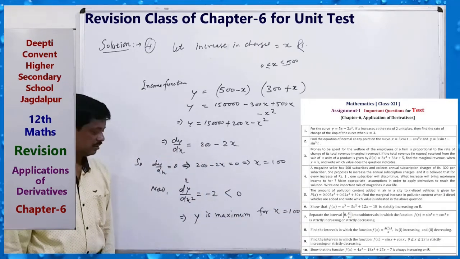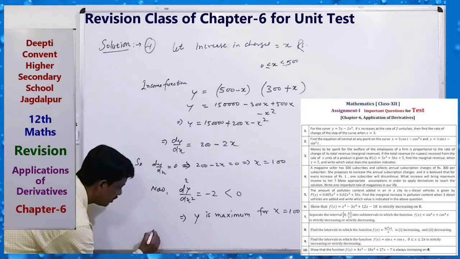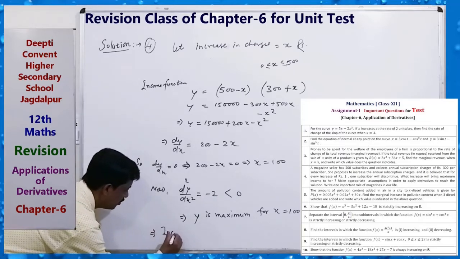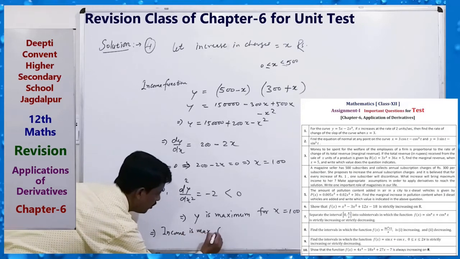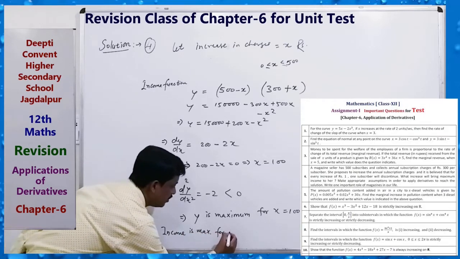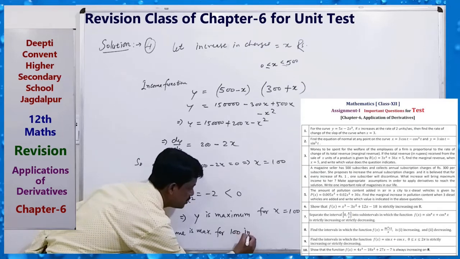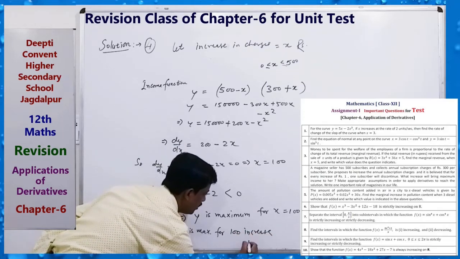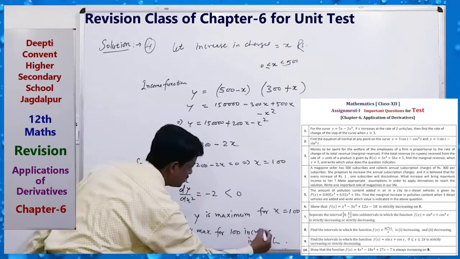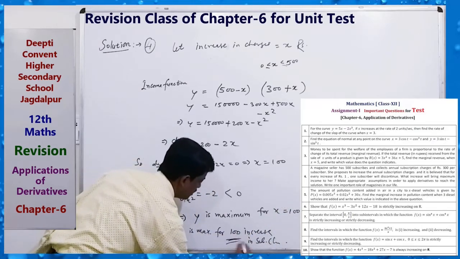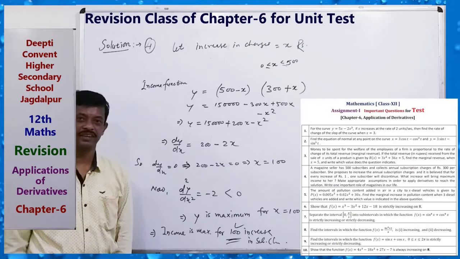So y means income. Income is maximum for 100 rupees increase in subscription charges. So this is the answer. Okay, 100 rupees increase. Clear?